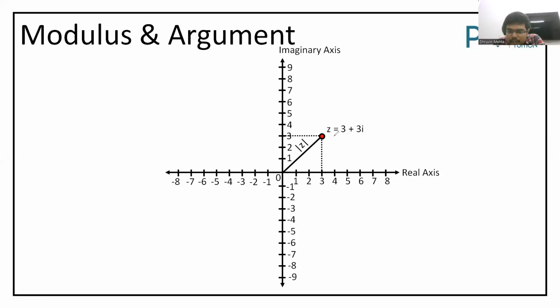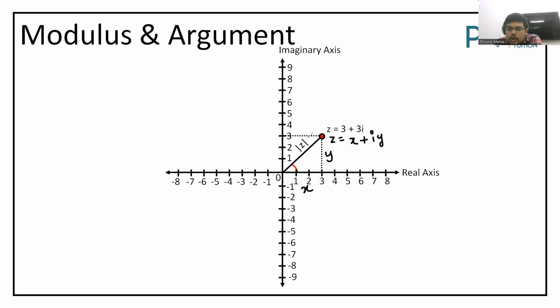Let's take one example. If I say z is x plus iy, so can you tell me what will be this distance? ये जो vertical distance है, the vertical distance of the point from x axis, what will this be? Y. So that distance is y. And what about the horizontal distance? ये जो horizontal distance है, x. तो इसको x बोल सकते हैं.